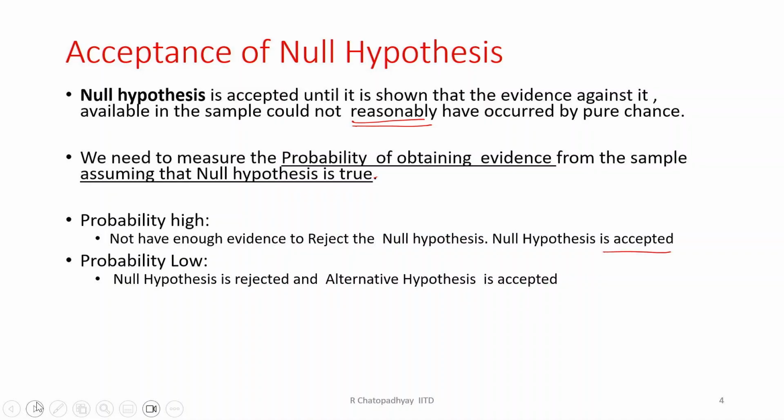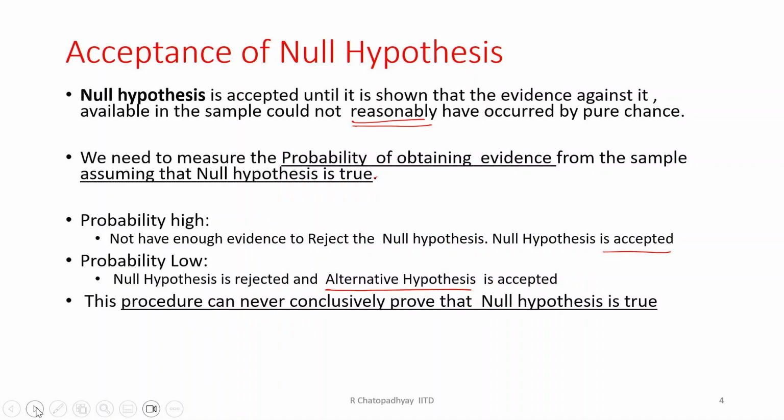The other is just opposite to that. The probability is low. In that case, the null hypothesis has to be rejected, and we go for accepting the alternative hypothesis. So we need to measure the probability of the evidence that we have. That is what we need to measure.